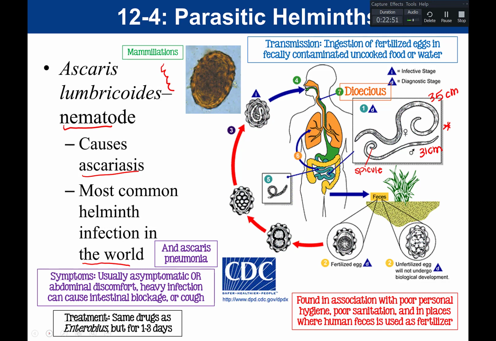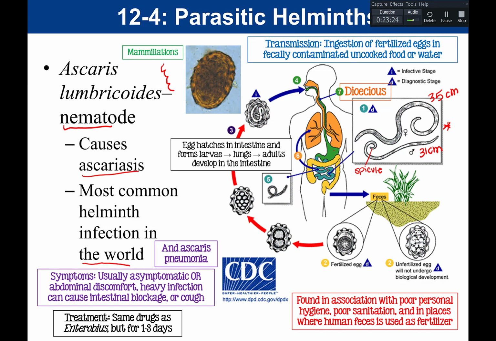Now, in terms of diagnosis and additional notes, there are a couple things that we need to talk about in terms of the life cycle of Ascaris. And so what we want to understand is, again, it's going to be the ingestion of these fertilized eggs. So notice that when you ingest it, that worm is going to go down through the stomach to the intestine.